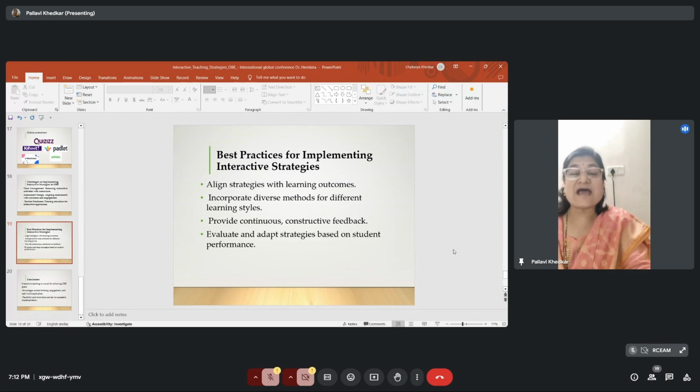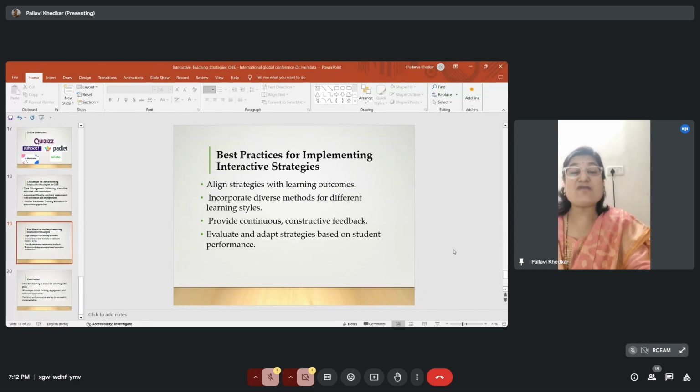If the students are not able to understand, the teachers need to change their methodology. That acceptance should be there from the teachers, that yes, if the students are not able to understand, I need to change my method. So what should I do for it? That is very important. Which new methods, new techniques should I use?